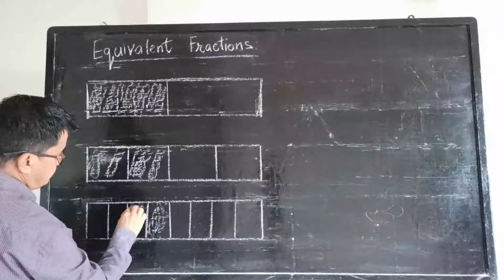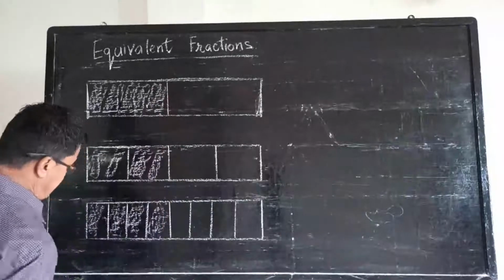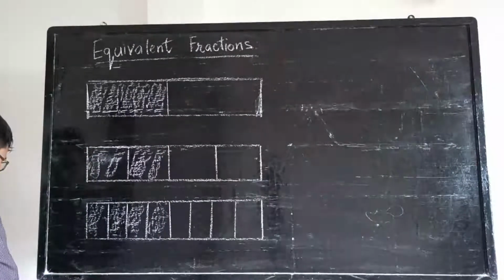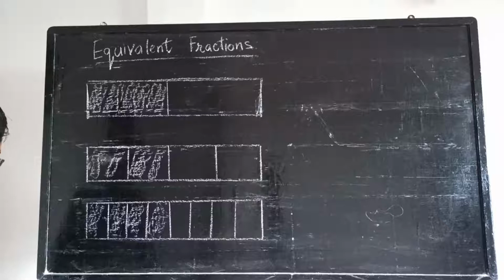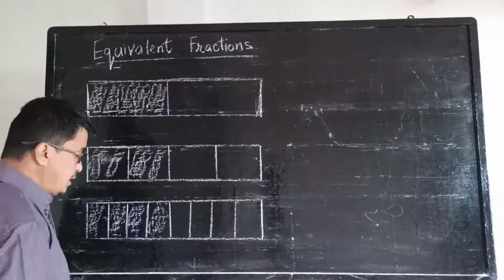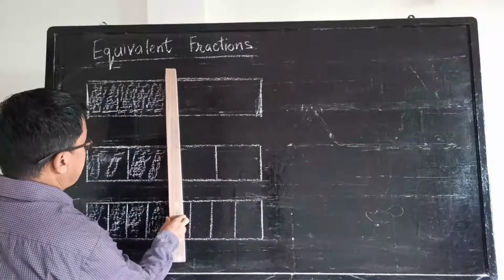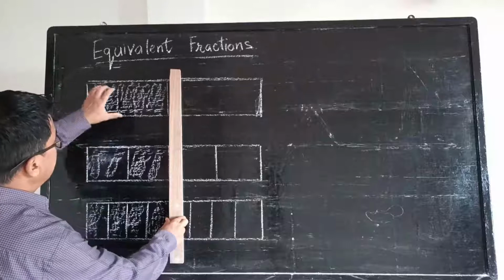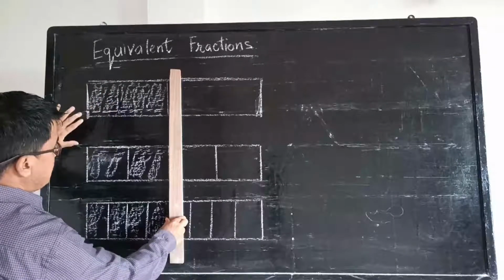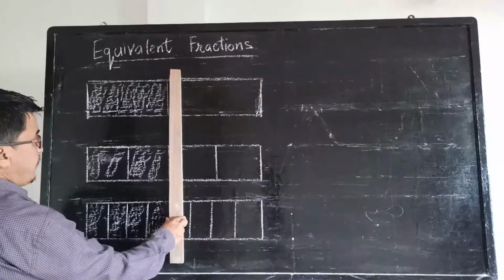The size of this shaded portion is the same, although the fraction representing it can be written in different ways. Here the sizes of the shaded portion are the same, but they can be represented by different fractions.